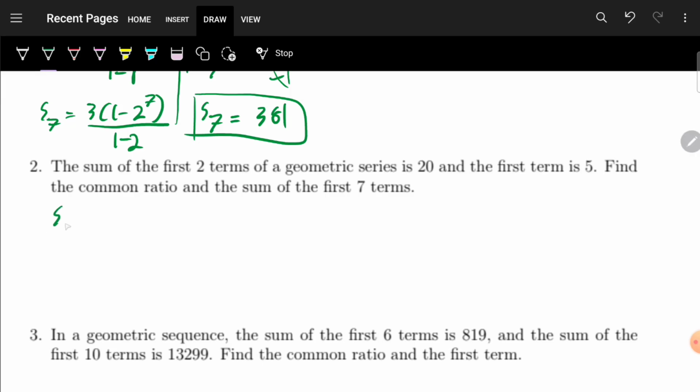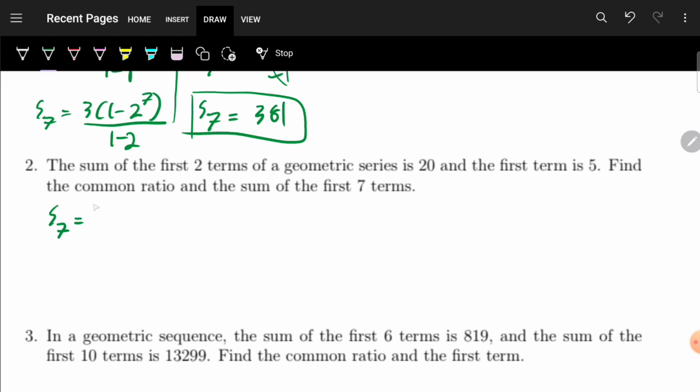So we're going to write down S7 is equal to the first term, which is, sorry, no, the first term is 5. So 5 times 1 minus the common ratio, which we don't know yet, to the power of 7, all over 1 minus r.